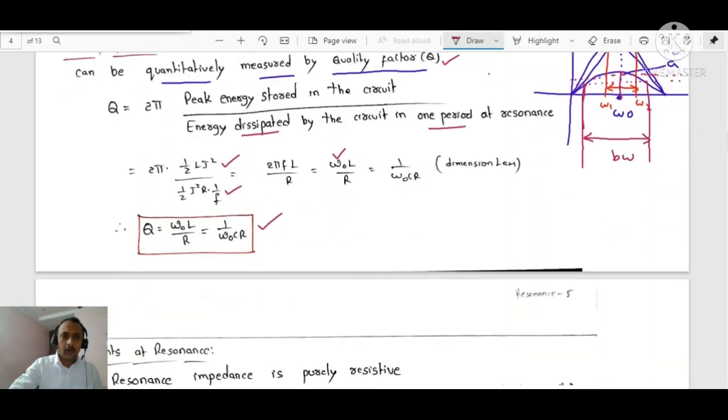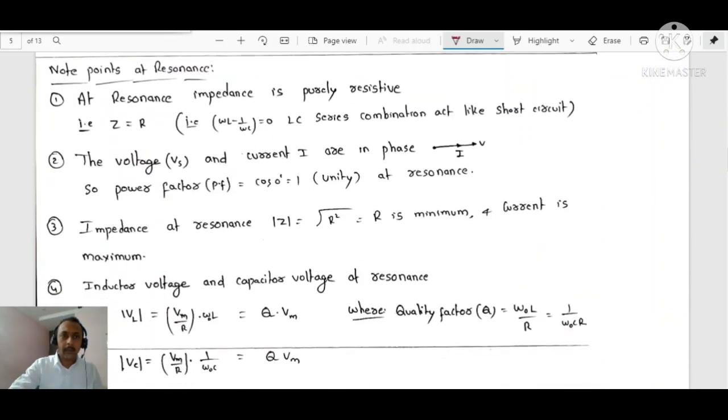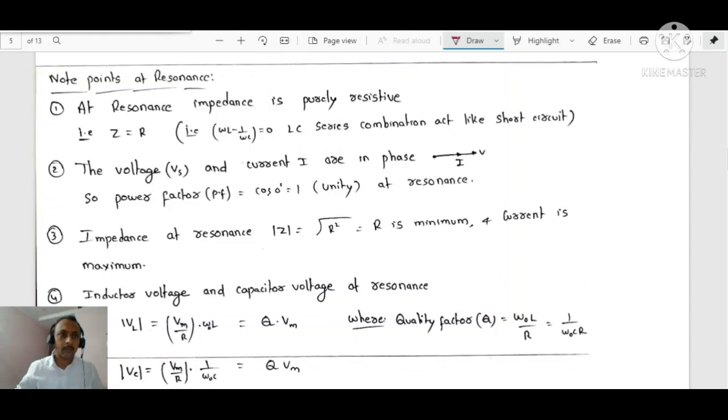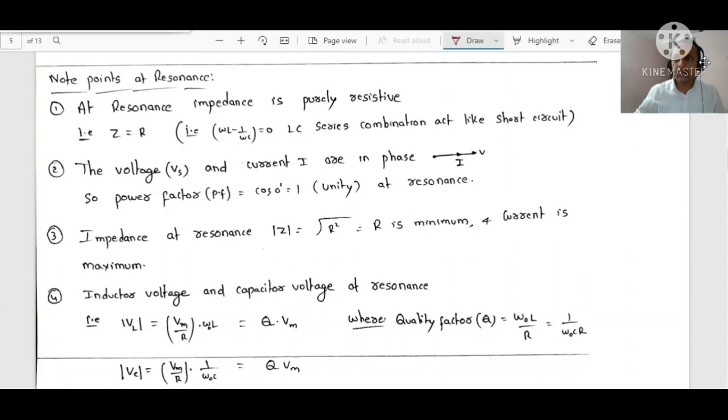Right. Now, what is the next summary? Now let me go into the summary. Out of the entire discussion, these are the important points to be noted at resonance. The circuit given is R, L, C, and you have applied some voltage V of t, and some current i of t is flowing, right?